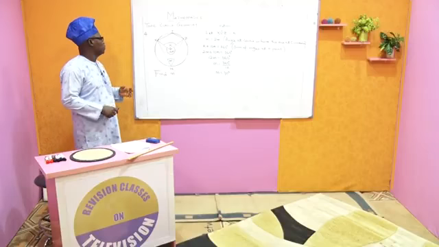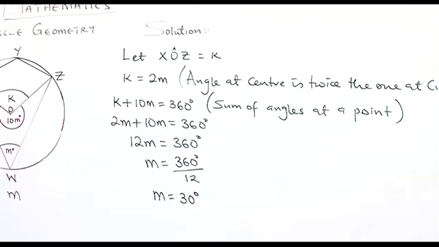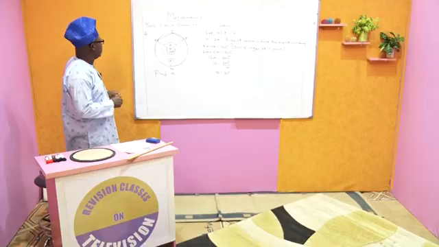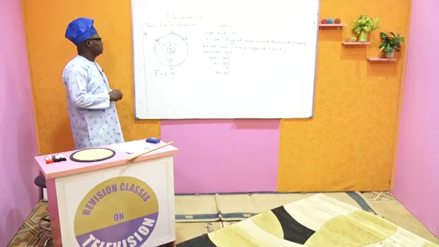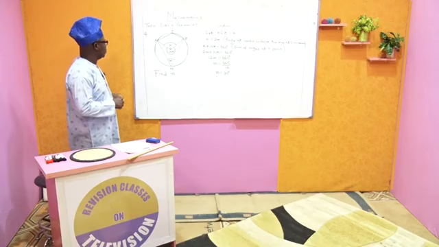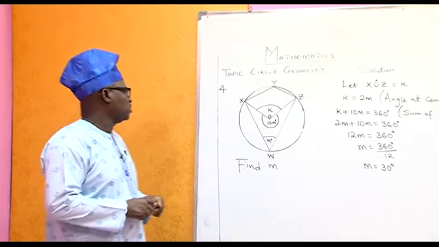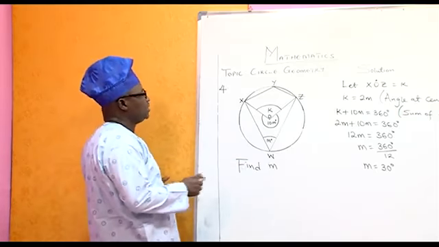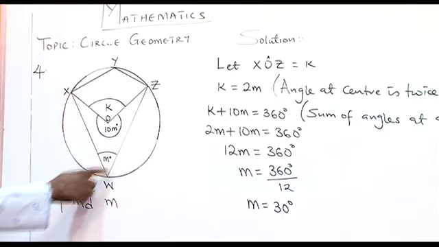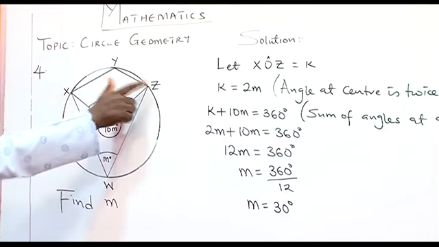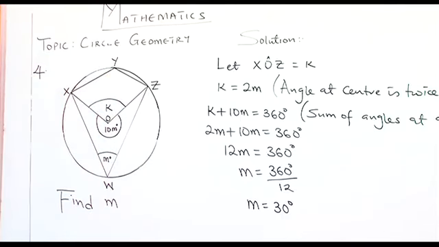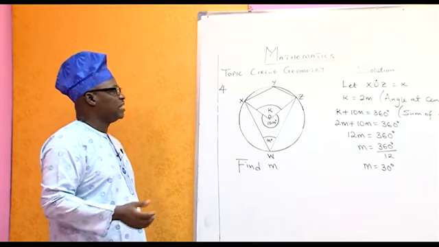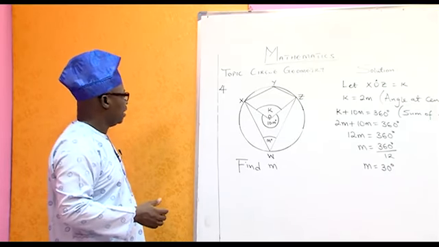Looking at this question, you discover that we have angle at the center, and likewise we have another angle at the circumference. Though we can also see that we have a quadrilateral, 1, 2, 3, 4. But we have not been able to use the properties or the theorems concerning cyclic quadrilateral here.